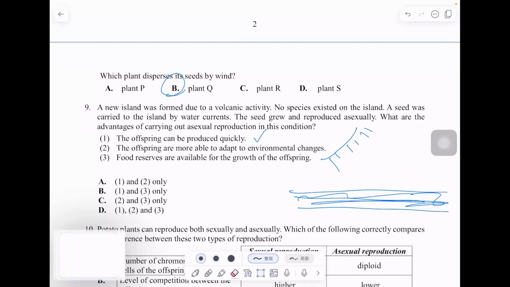So in this case, the offspring will not be able to adapt to the environmental changes.